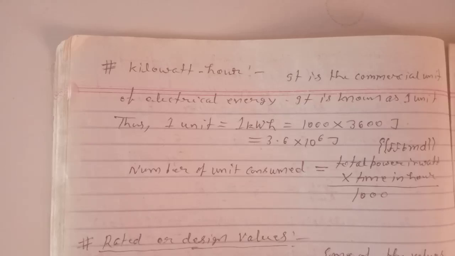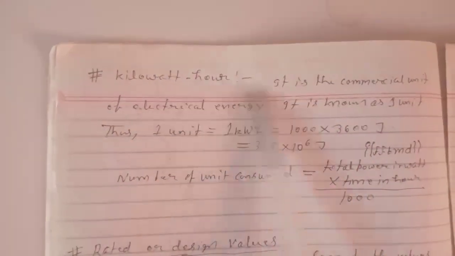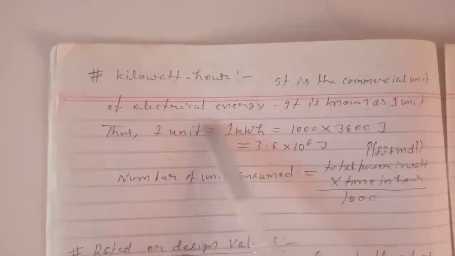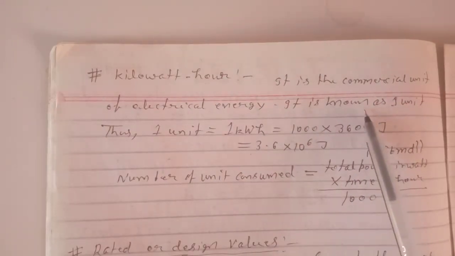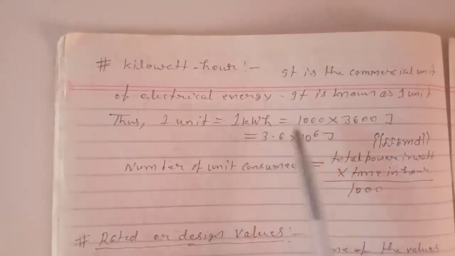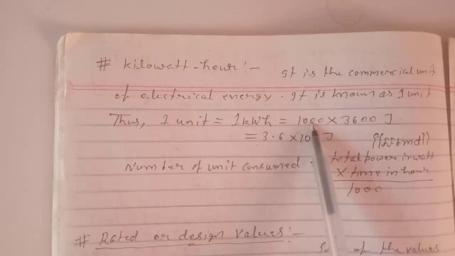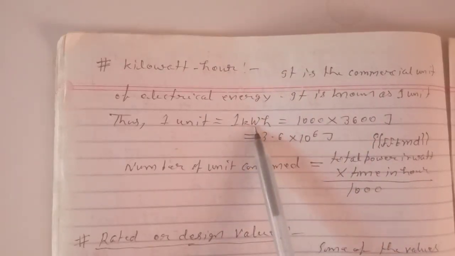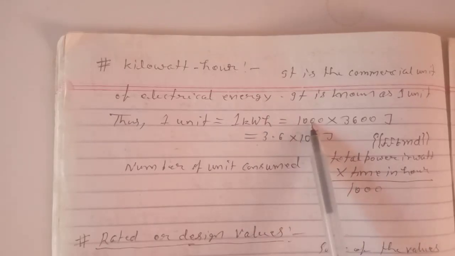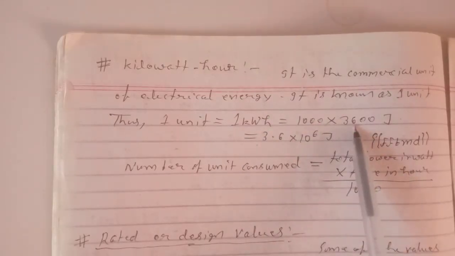Now kilowatt hour is a commercial unit of electrical energy. It is known as 1 unit, that is, 1 kilowatt hour is equal to 1 unit. Thus 1 unit equals 1 kilowatt hour, where 1 kilo equals 1000 watt, and 1 hour is equal to 3600 seconds.